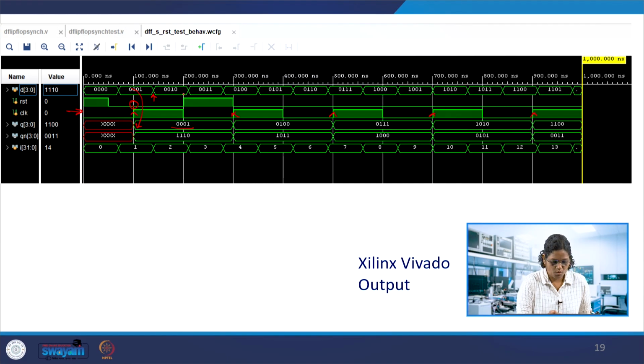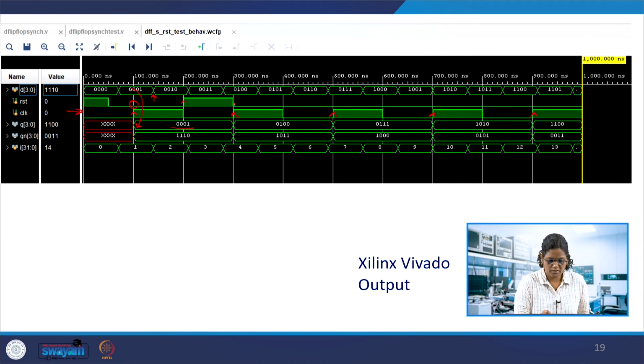So at this point here, this is the negative edge, and there is no concern, it is not looking at the data, but the reset is made 1, you can see reset is made 1. Because the clock edge information is already there, it is looking at it. But you can see that reset 1 also doesn't reflect here. It doesn't reflect, the data is still 0 0 1.